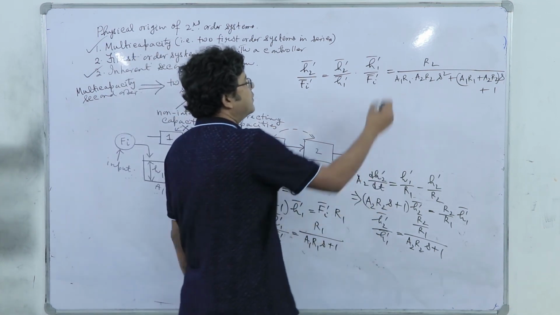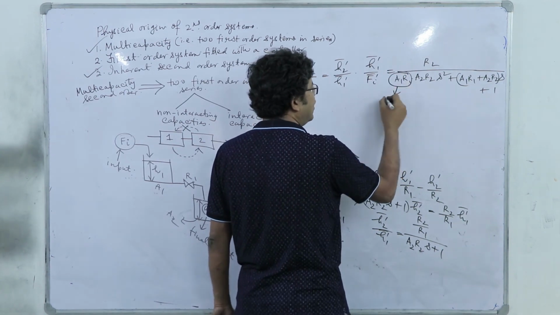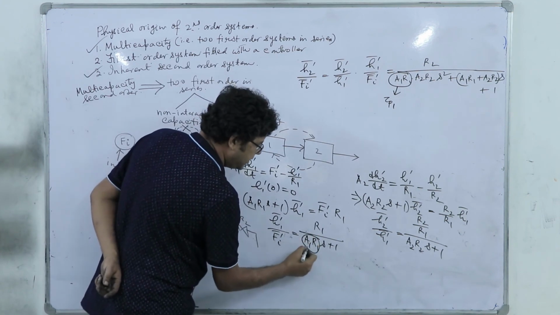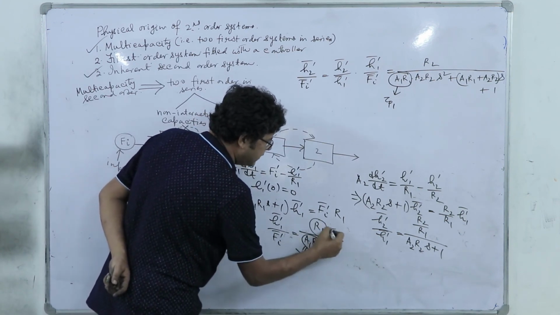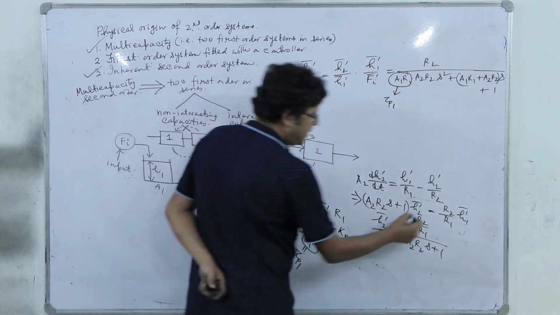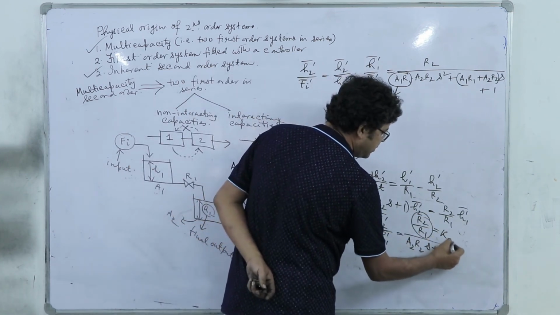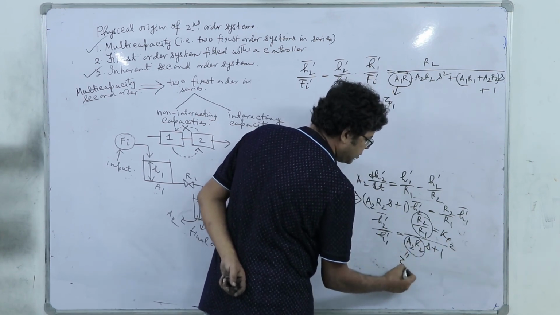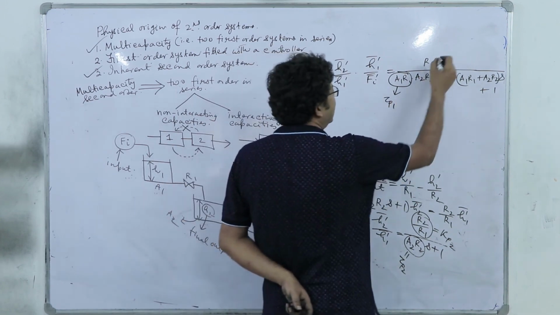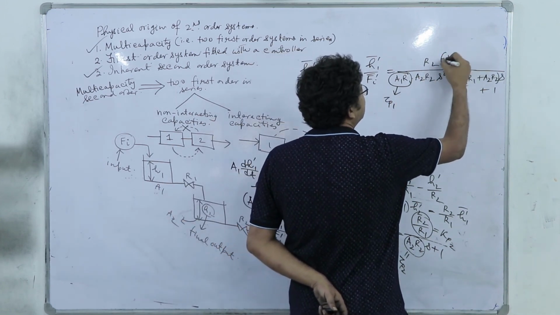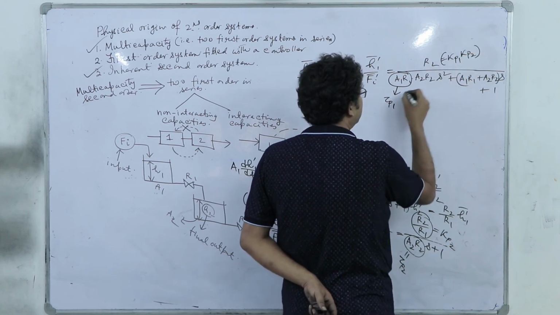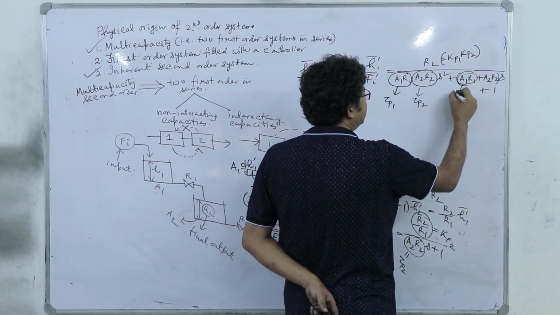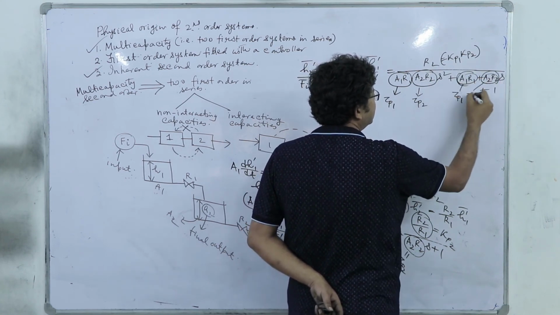See that this one we can call tau P1, this is Kp1 gain, this is Kp2, and this one is tau P2. So, we can write that this is equal to Kp1 into Kp2, this is tau P1, this is tau P2, and this one is tau P1, this one is again tau P2.